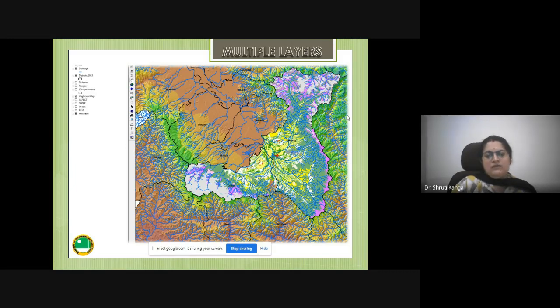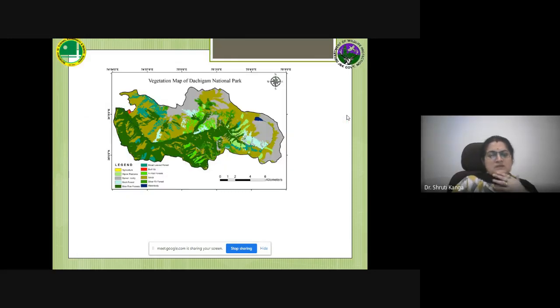So we can overlay multiple layers. Then this is a vegetation map where the types of forest in Dachigam National Park were demarcated. These are the major types the authors have tried to demarcate.